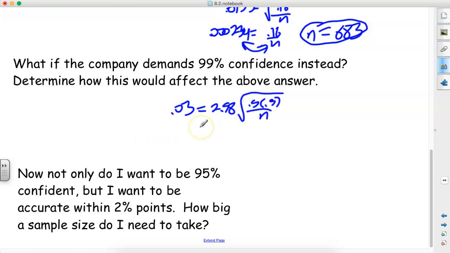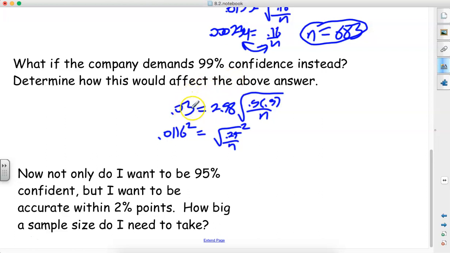So this time we're doing 0.03 divided by 2.58 instead of 1.96. When we divide by 2.58, we get 0.0116. All right, and then we multiply our 0.5s. Same step as before. We square it. So we're going to square that value of 0.0116.